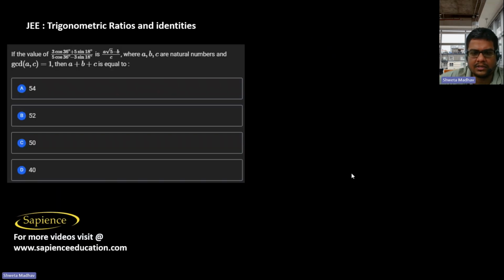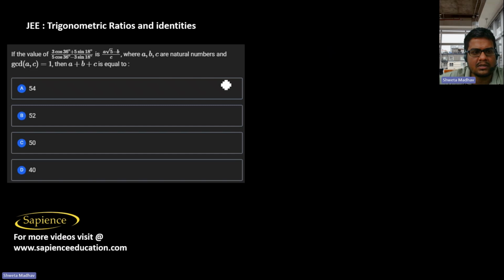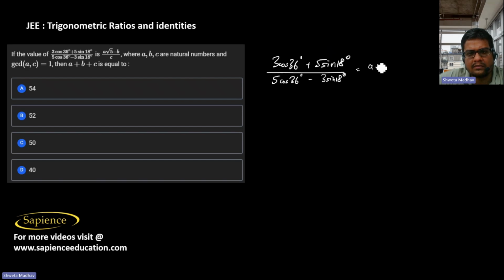So here in the very first question, it is told that if the value of (3 cos 36 degree plus 5 sine 18 degree) divided by (5 cos 36 degree minus 3 sine 18 degree) is given as (a root 5 minus b) by c, and a, b, c are natural numbers, a, b, c belong to N, and the HCF, or the greatest common divisor of a and c, is equal to 1.